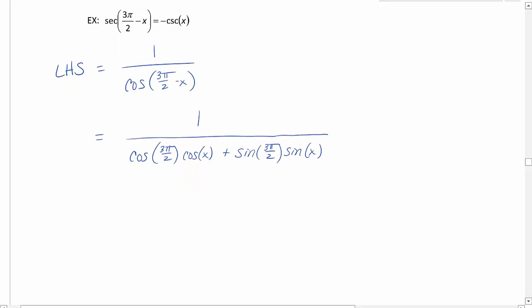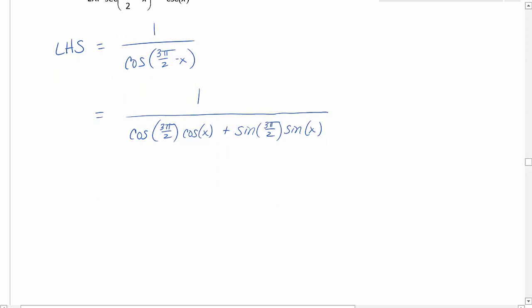Well, 3 pi over 2 is on our unit circle, so we should be able to get exact values for sine and cosine of that angle. Now, cosine of 3 pi over 2, which we remember is down here at the bottom, our cosine value is 0, so this becomes 0 times cosine. And sine, down there at 3 pi over 2, is negative 1.